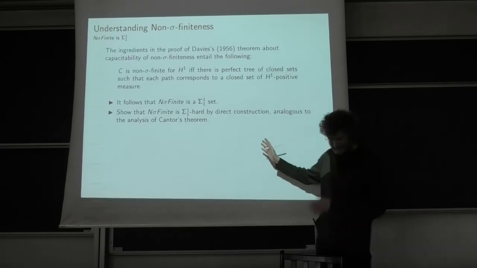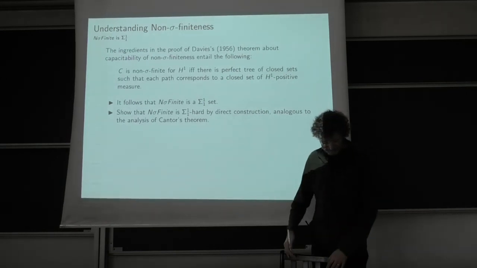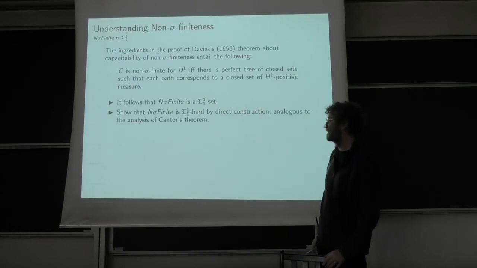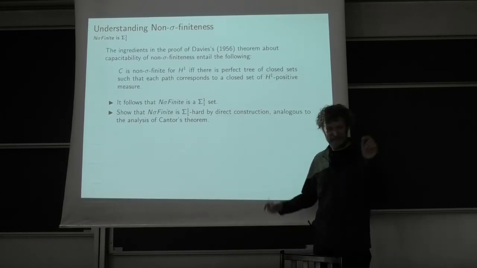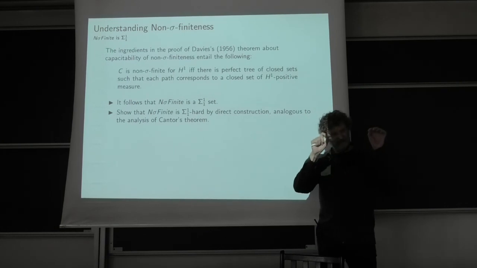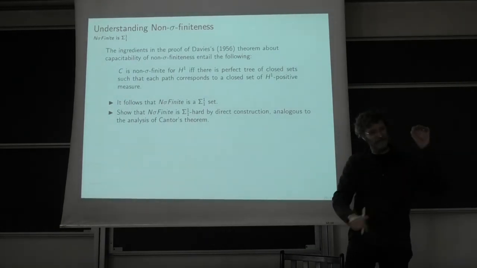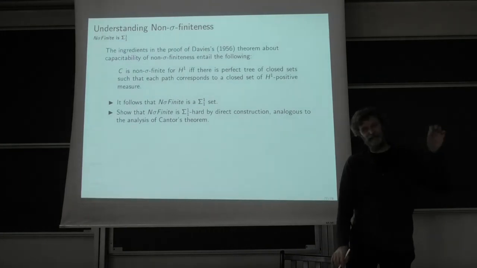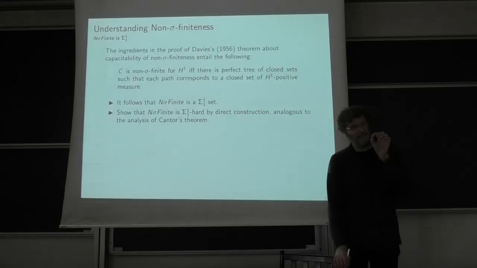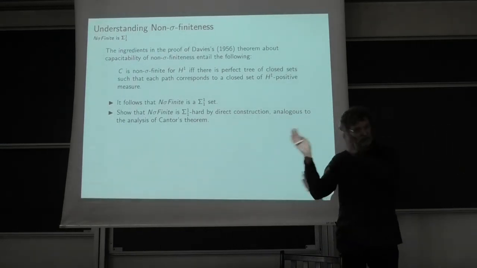Okay, so that's a sketch of how things work, but this case study does highlight that the difference between trying to identify whether a set is null, right? Is it null or does it have size? That's a much simpler distinction to make than is it sigma finite or not sigma finite?